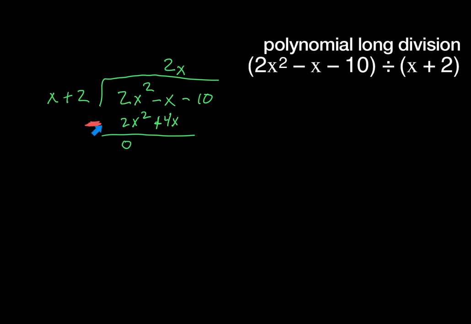Negative x minus 4x. And if you need to, you can write it somewhere else as a quick reminder. So we're going to go negative x minus 4x. Well, minus is the same as plus a negative. So I'm going to have negative 5x.